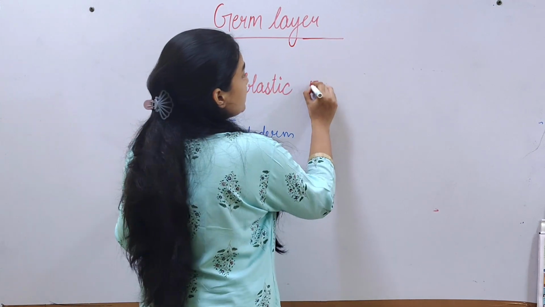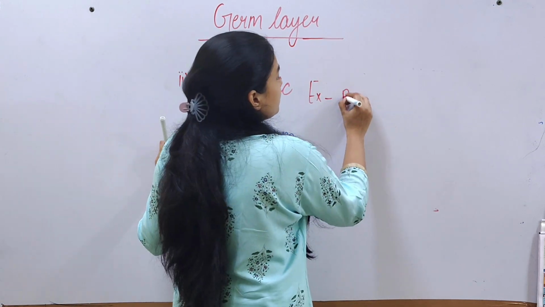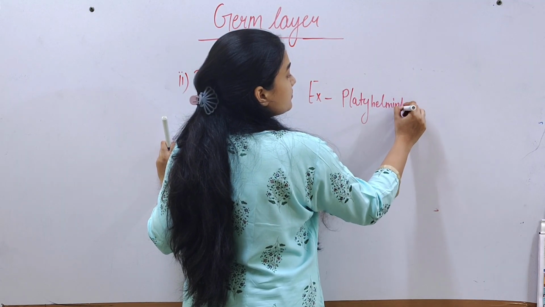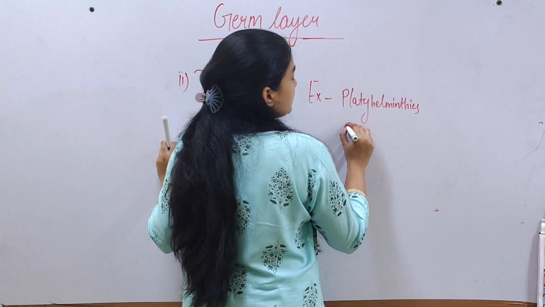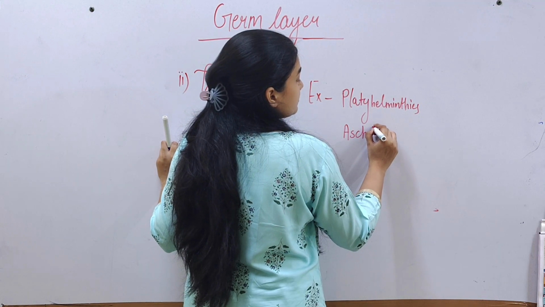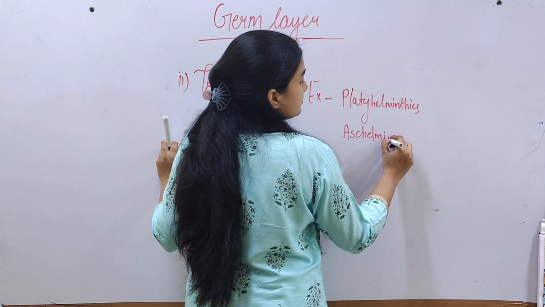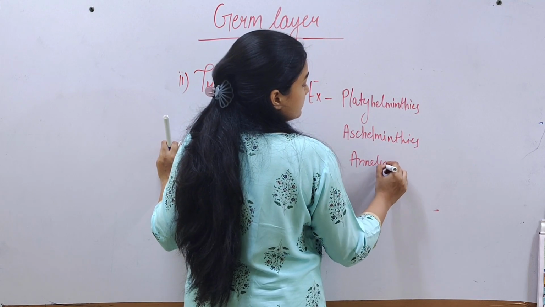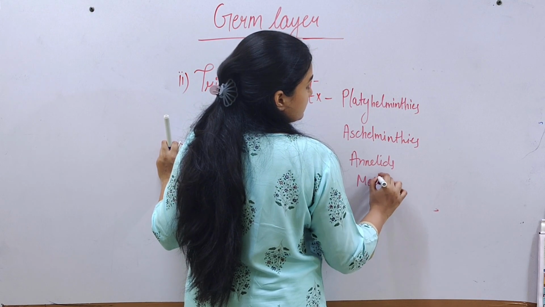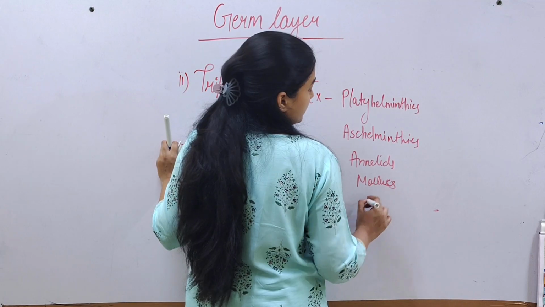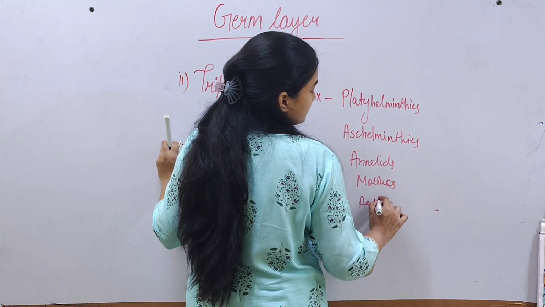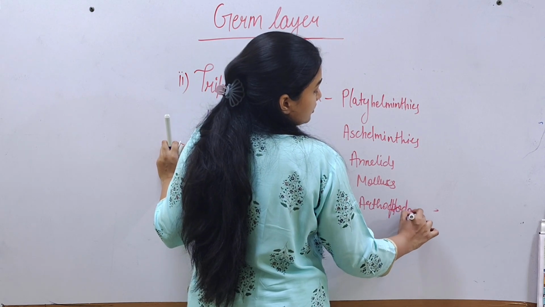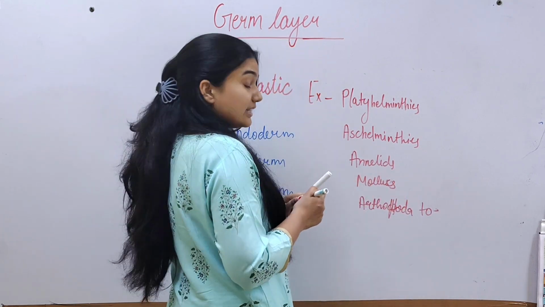So the examples of a triploblastic animal are Platyhelminthes, Aschelminthes, Annelids, Molluscs, Arthropoda, to the last, mammals.